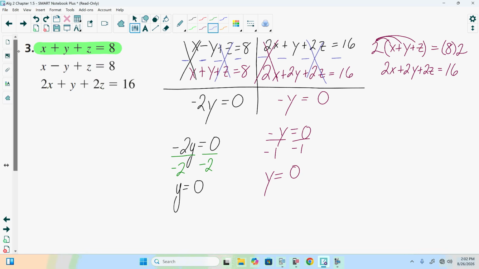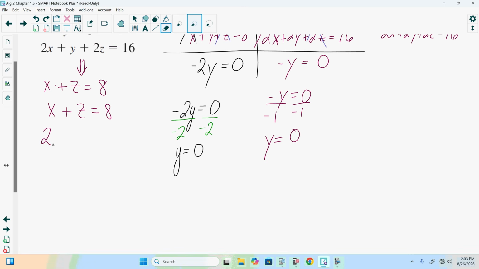Because if I pick the top 2, or pick all 3, and plug in 0 for y, we'd have x plus 0, which is just pretty much gone. So we'd have x plus z is equal to 8, yes? Second one, we have x plus z is equal to 8.